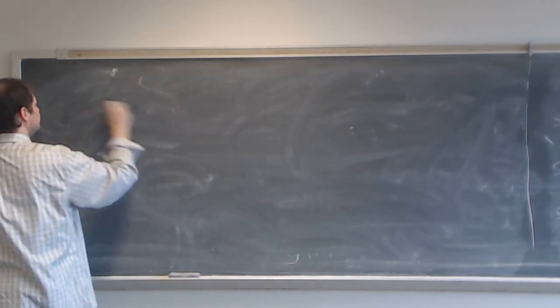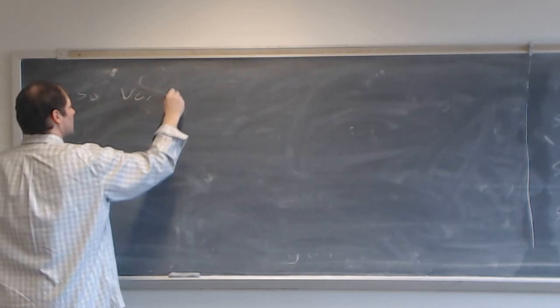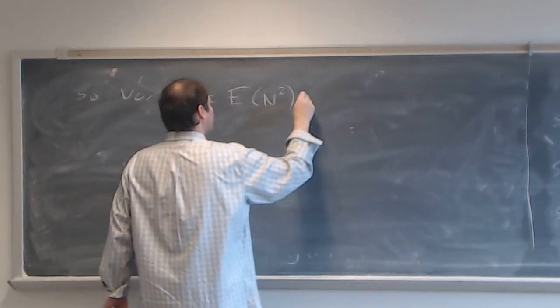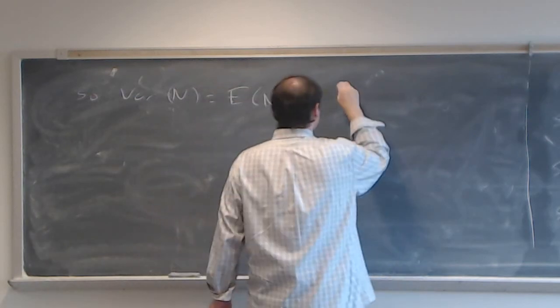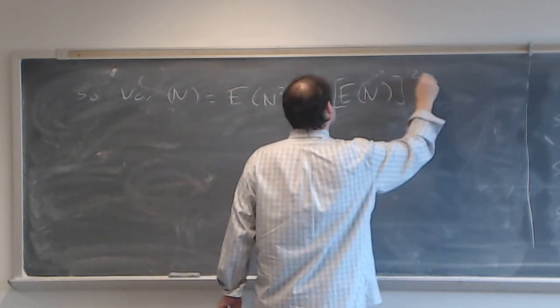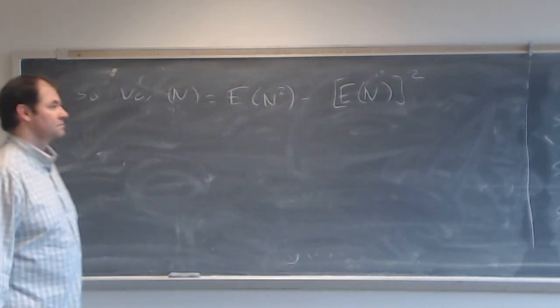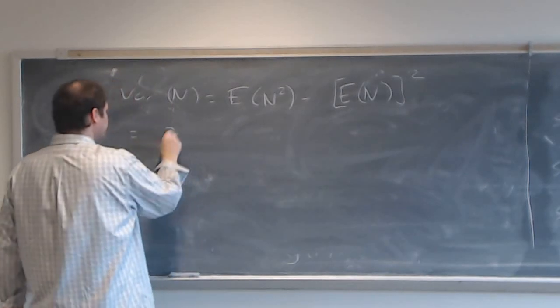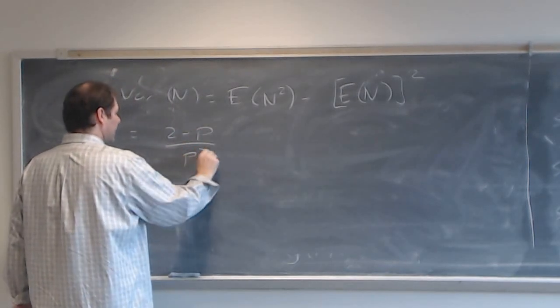So the variance of n, which we remember is the expected value of n squared minus the expected value of n squared, which is equal to, well, we just found this, that's 2 minus p over p squared.